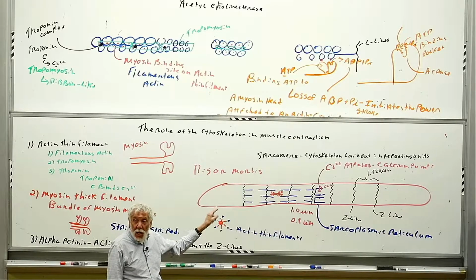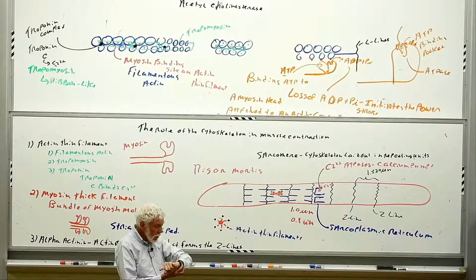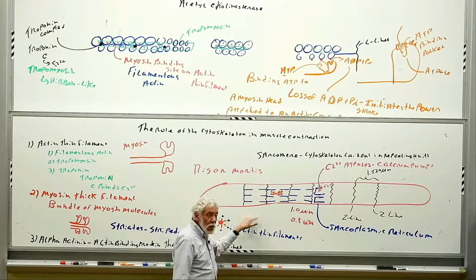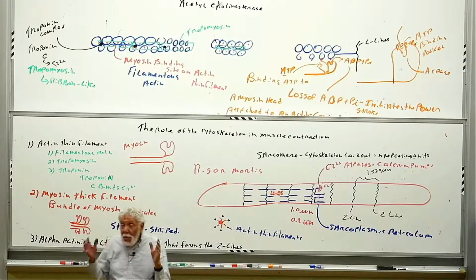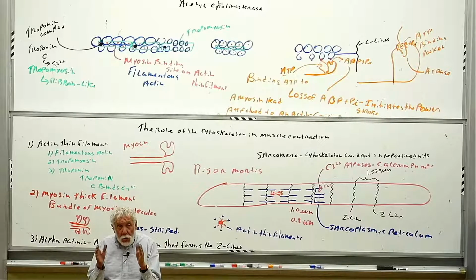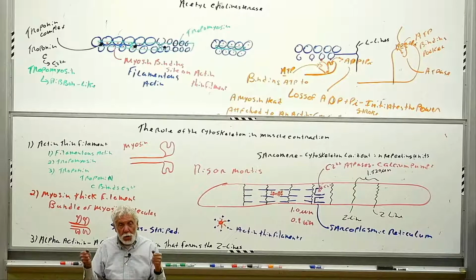The final point I want to make on this is that this is something that's going to come up over and over and over again. We have the ability to actively shorten those sarcomeres, contract the muscle. What we don't have the ability to do within that muscle is to bring it back to its original position.